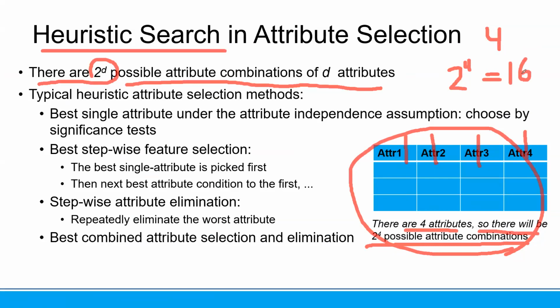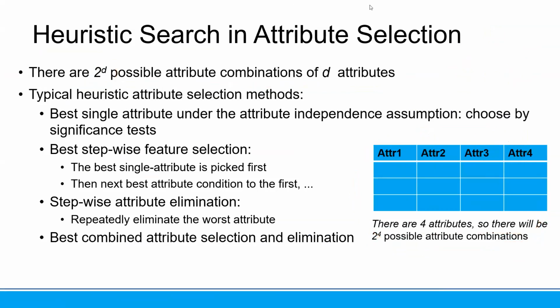Now, we can choose attribute 1, that's one combination. We can choose attribute 2, attribute 3, attribute 4, each one combination. Then we can choose attribute 1 and 2, 1 and 3, 1 and 4, 2 and 3, 2 and 4.